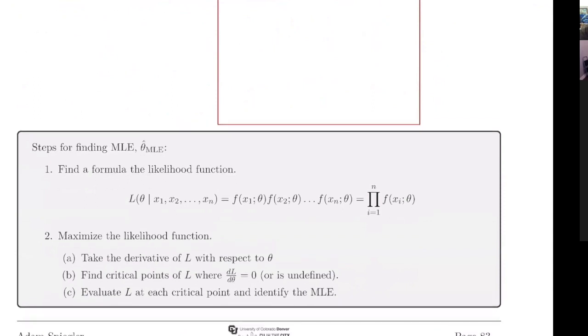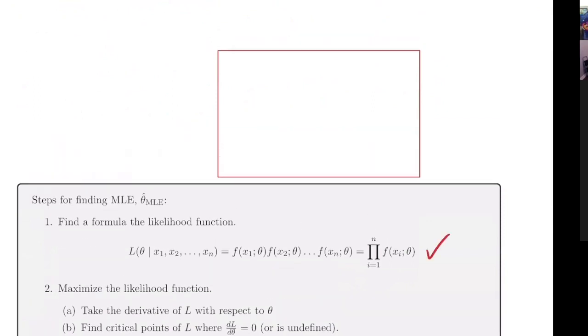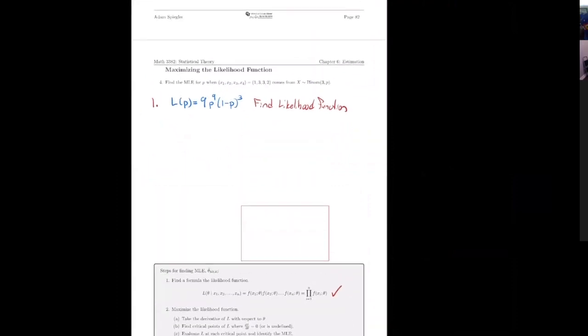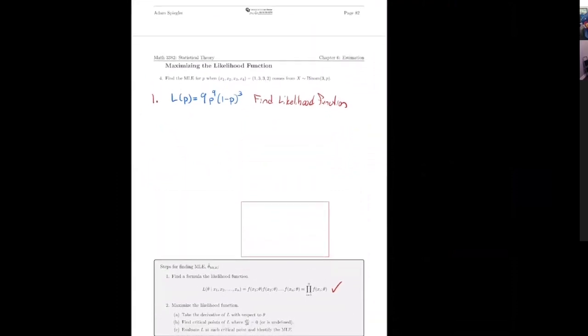And that's what's kind of written down at the bottom. We've got the general process. So it's kind of a 2-step process. We find the likelihood function, then we maximize it. And then maximizing it, right, that's a calculus process. So that means we want to find the critical points and then figure out which of the critical points gives us the global maximum.